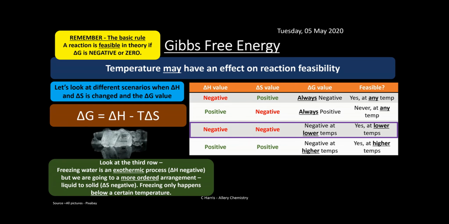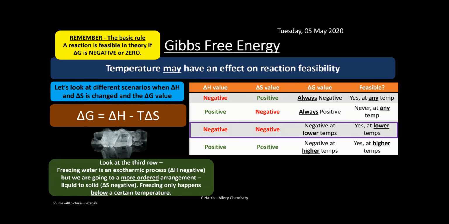Entropically it's not favourable, but enthalpically it is because it's exothermic. Freezing only happens below a certain temperature. Water won't freeze unless it's at 0 degrees Celsius. So if delta H is negative and delta S is negative, it might work, but only if the temperature is low enough.